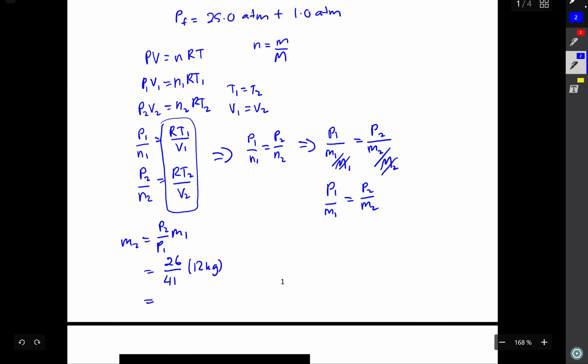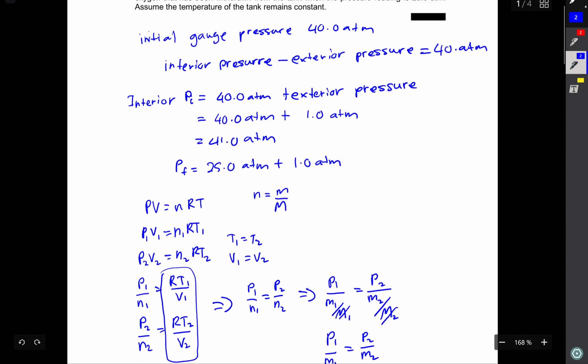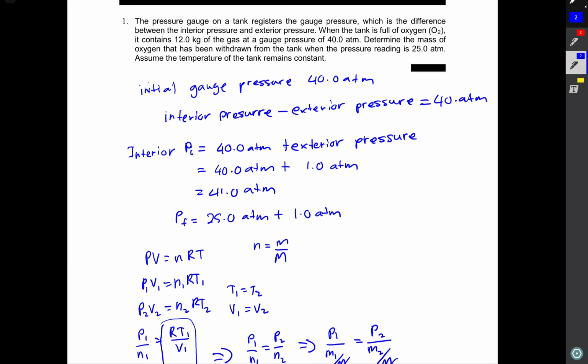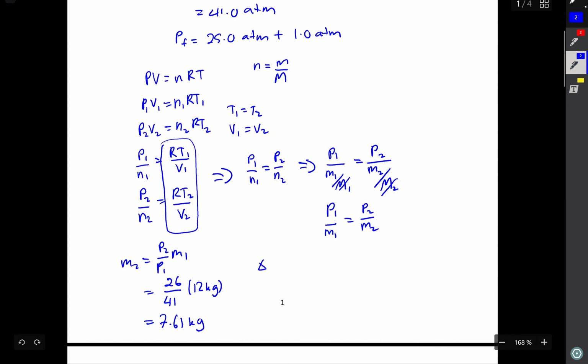What you get is 7.61 kilograms. Remember, the question asks for the mass that has been withdrawn from the tank, which means the change of mass, which is 12 kilograms minus 7.61 kilograms, giving you 4.39.